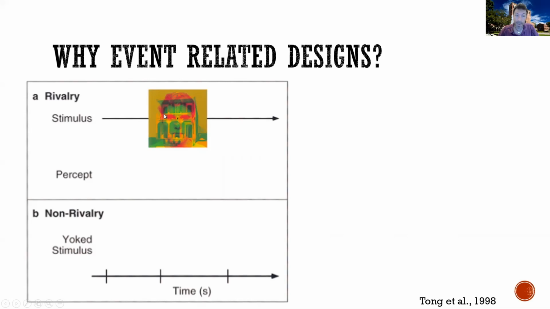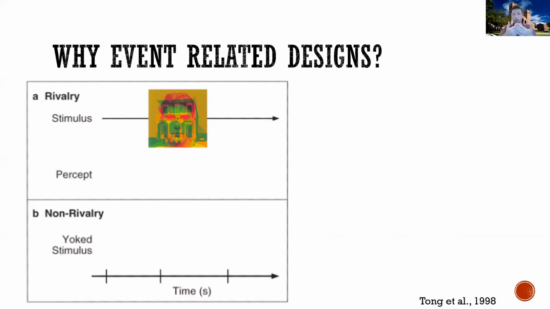As you can see, there's a face in one color, and there's a house in a different color. As the participant, you would have on glasses where one lens is green and one lens is red. In other words, one eye is seeing a house and the other eye is seeing a face.